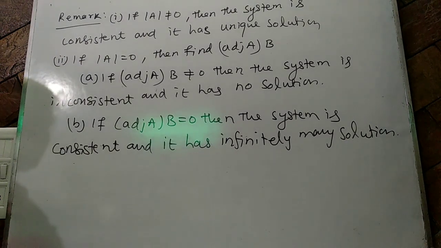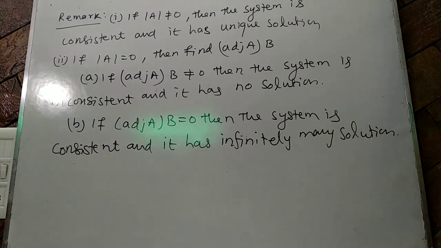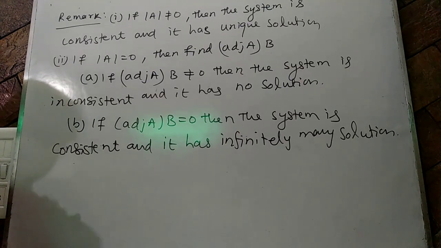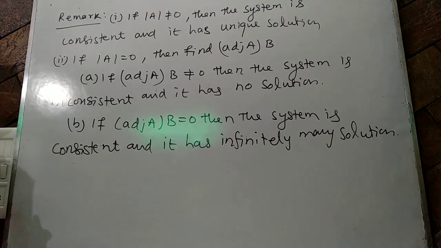Have you written? I'm taking straight away one 3 by 3 question right now. Then I will take one 2 by 2 question. Then I will explain a different method tomorrow. Shall I raise it? Yes, ma'am.